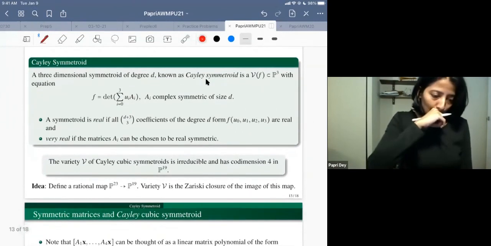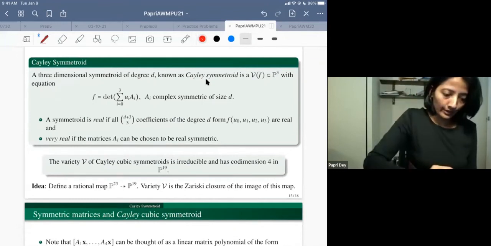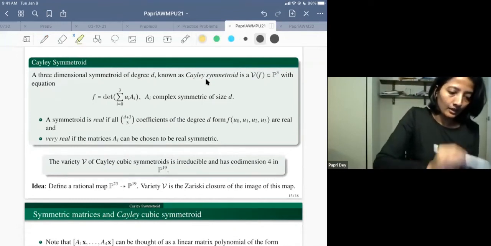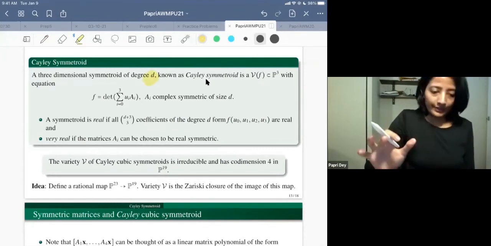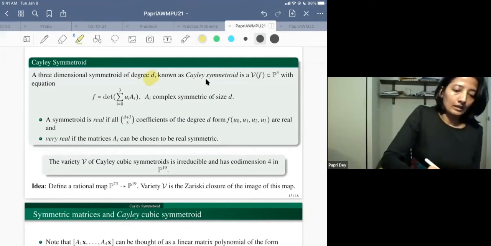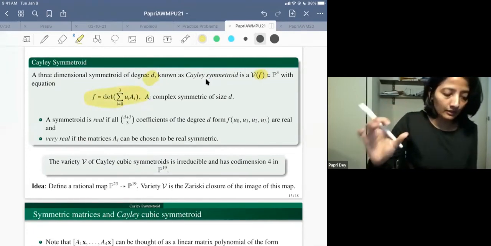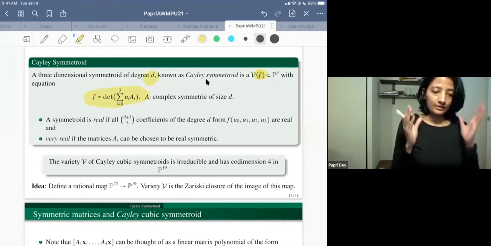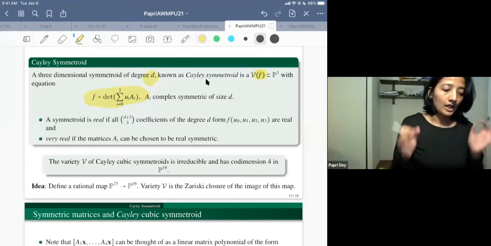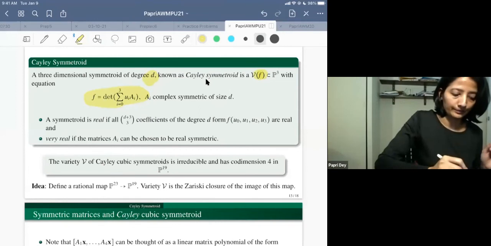Now, what is the Cayley symmetroid, and how is it related? A 3-dimensional symmetroid of degree D is known as a Cayley symmetroid. It's a surface with defining function f, where the defining function is a determinantal polynomial. So the Cayley symmetroid of degree D is a surface in P3 where the defining equation f is determinantal.